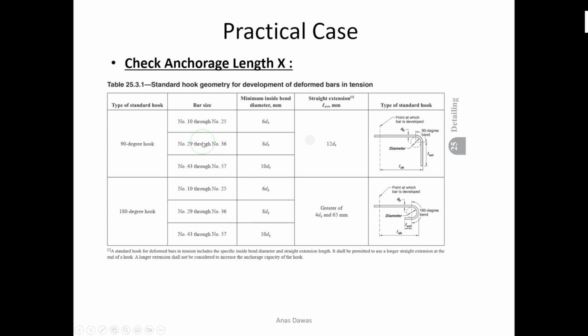The bar diameter was 18 millimeters, so the minimum inside bend should be 6 multiplied by the diameter of the bar, so 6 multiplied by 18 millimeter. This will be the minimum bend diameter at this area, because we said before that the minimum inside bend diameter is very important to satisfy the bearing stress at this area.